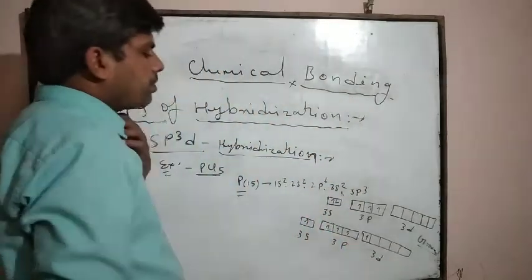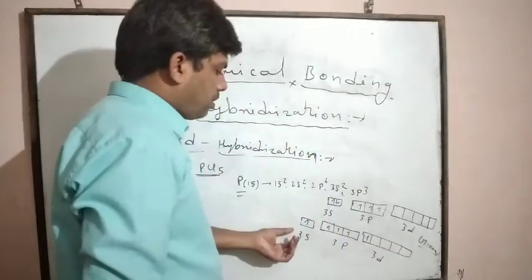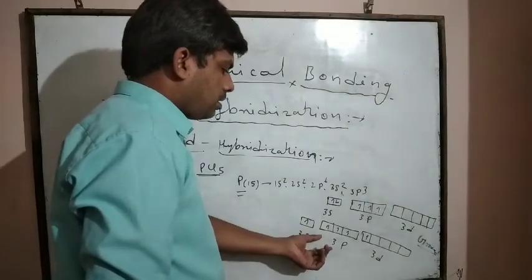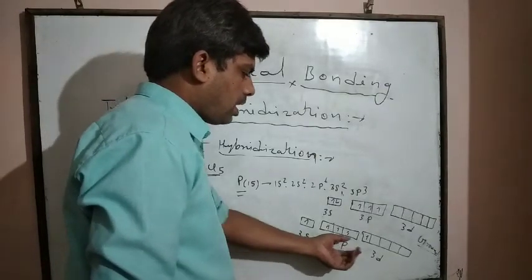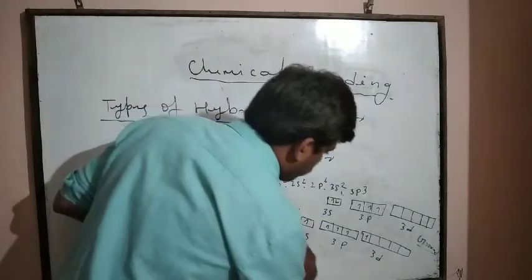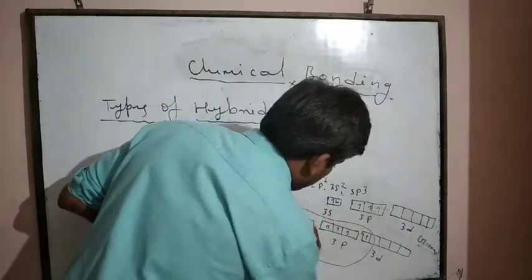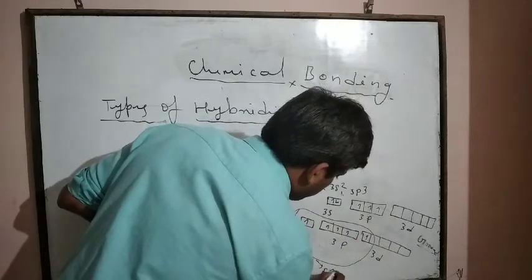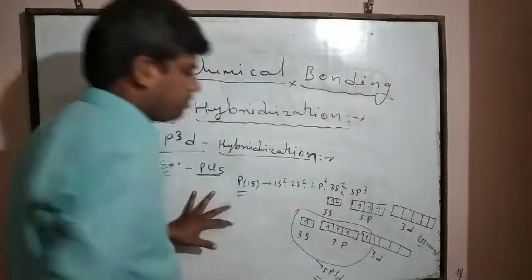In this way, one orbital of 3s, 3 orbitals of 3p, and 1 orbital of 3d intermix together and show sp3d type of hybridization.